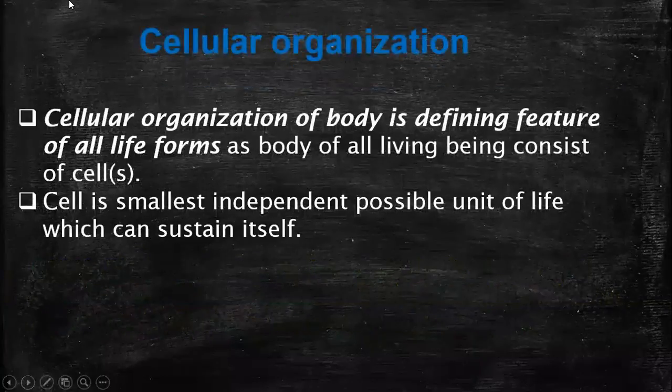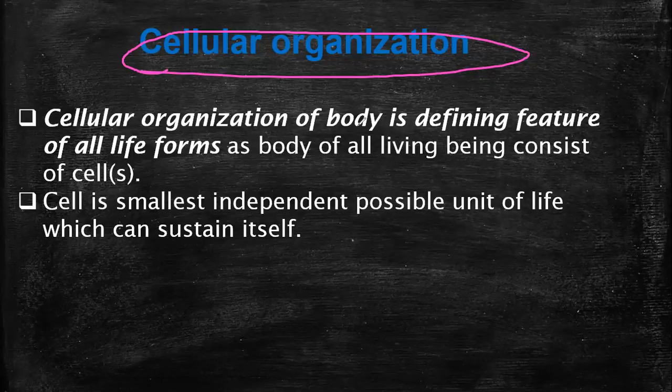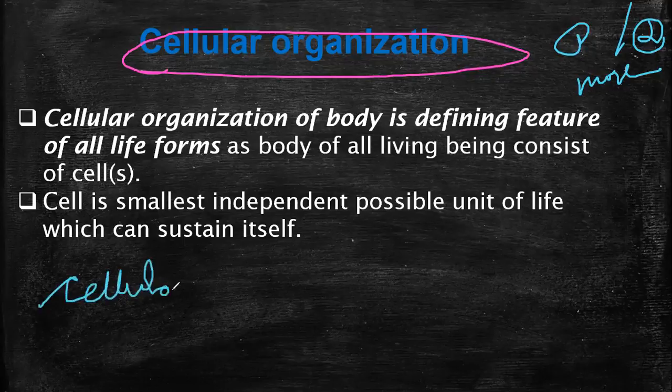Another property is cellular organization. And what is cellular organization? It is a defining feature of all life forms, as the body of living organisms consists of cells. So all organisms are made up of one, two or more cells, whereas non-living objects lack cells.